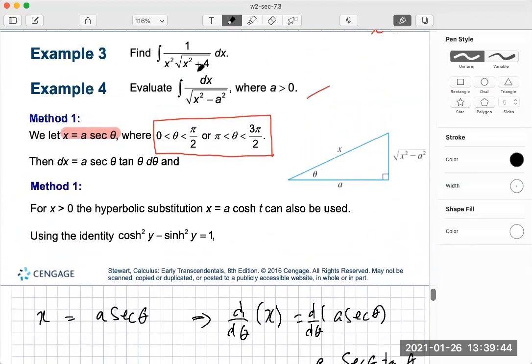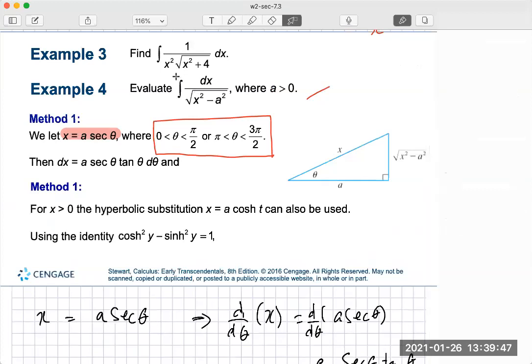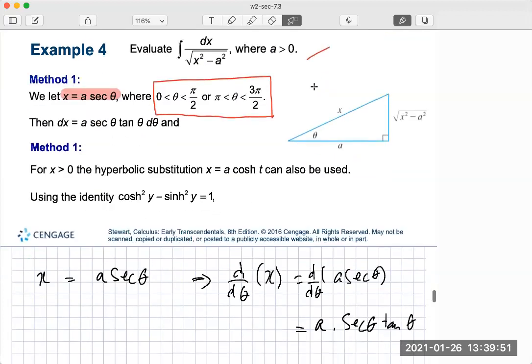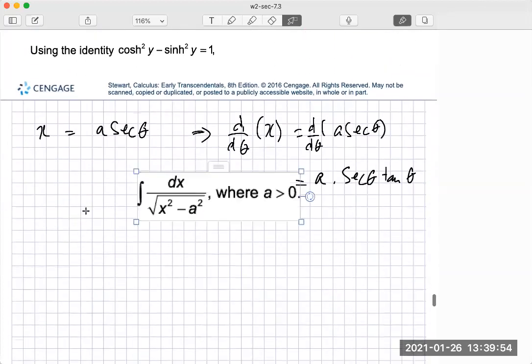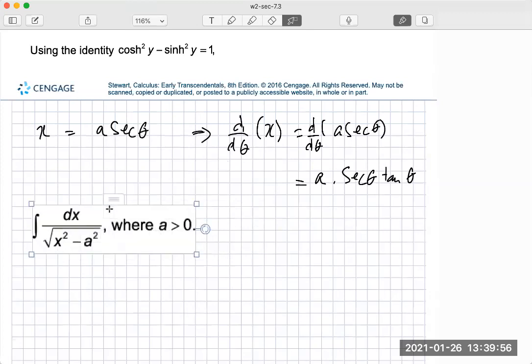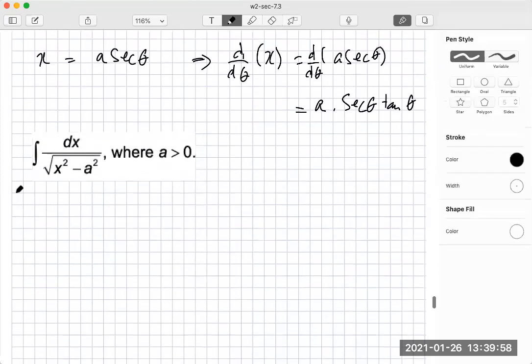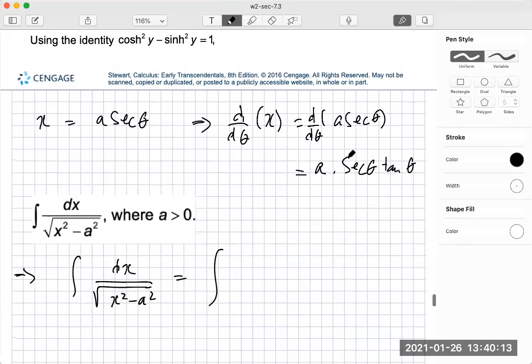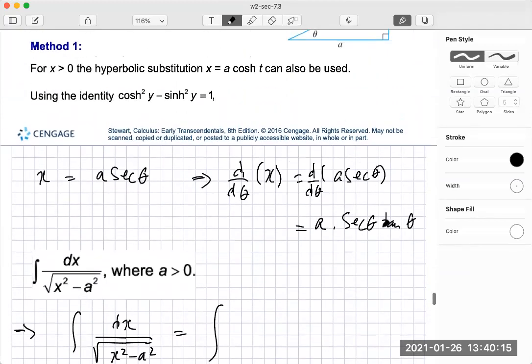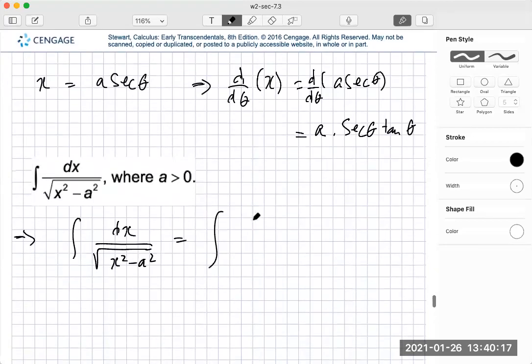So now this integral here, and remember a is a given number, and a is positive. So therefore, this integral dx over the square root of x squared minus a squared becomes, so we replace dx by this term, right?